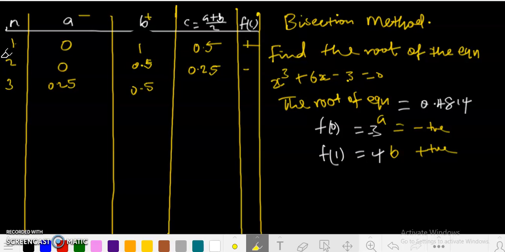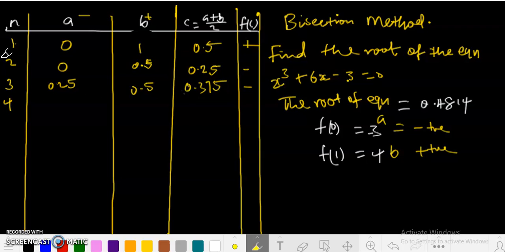So it is 3 over 8, which is 0.375. The equal sign gives a negative value. So this is negative, and you continue that process.